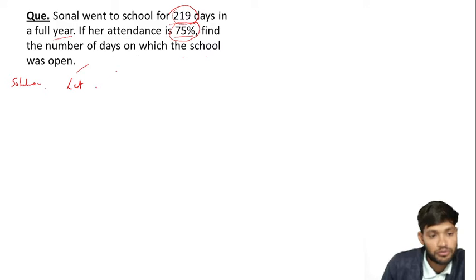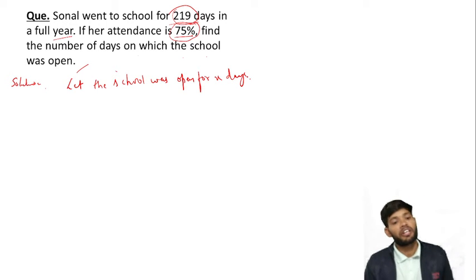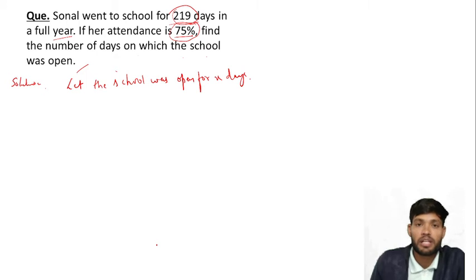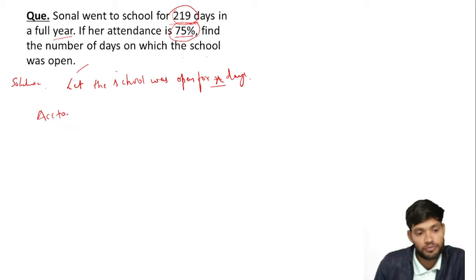Let the school was open for X days. Clear? We will suppose, we will assume that the school was open for X days. So according to the question, 75% of X is equal to 290.